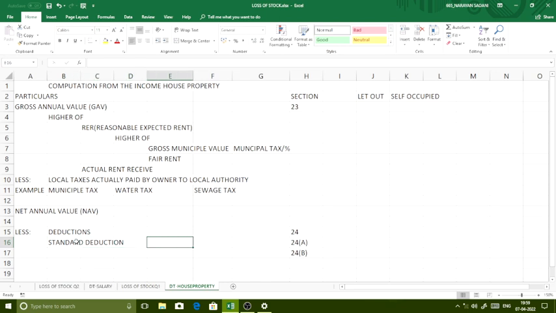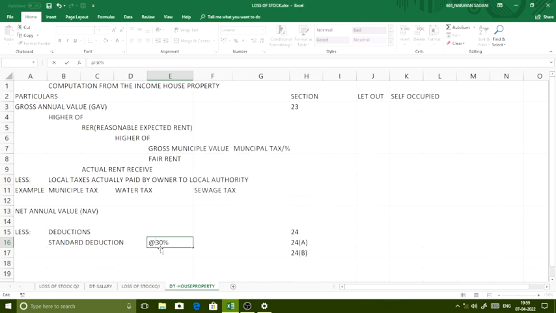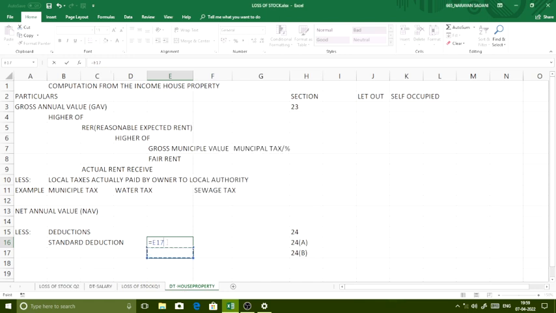What is the amount of standard deduction? It is at the rate of 30% of NAV.